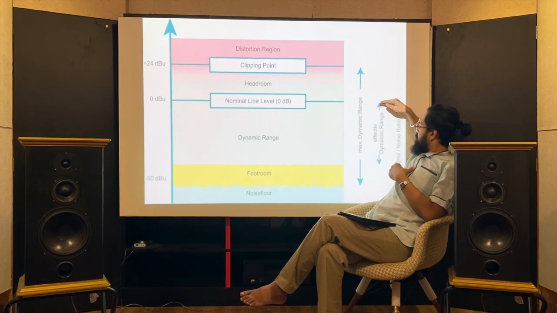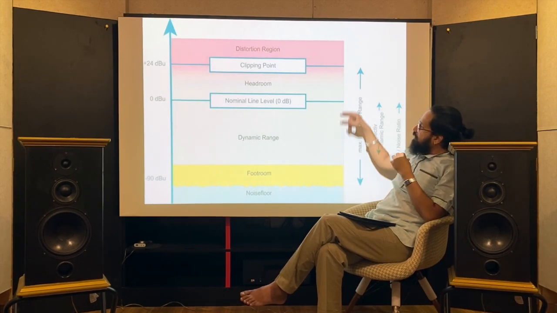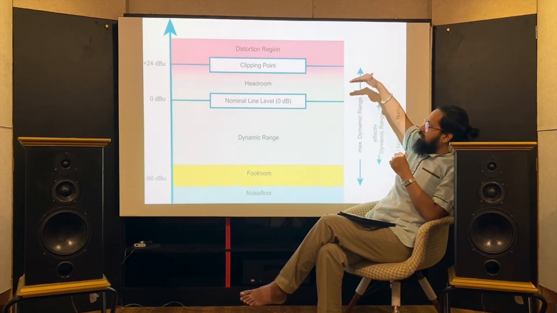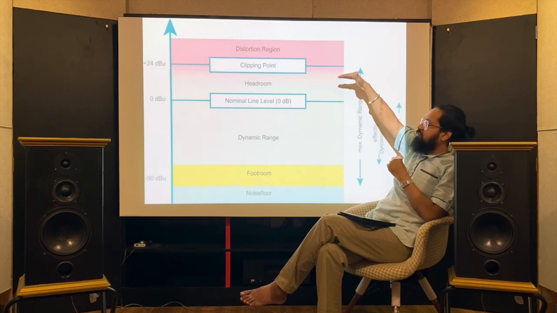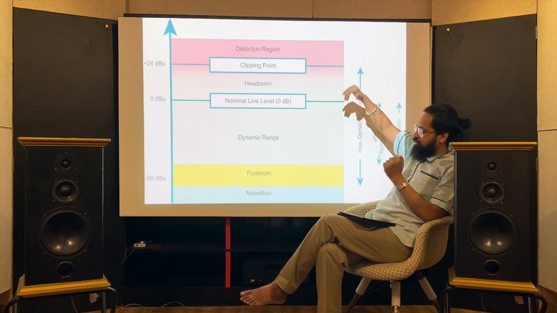In a nominal range, the effective dynamic range remains here, because in very rare circumstances the foot room will be utilized and the headroom will be utilized. Never will the clipping point be crossed, and the distortion region be utilized by any sound engineer who can be called a sound engineer.